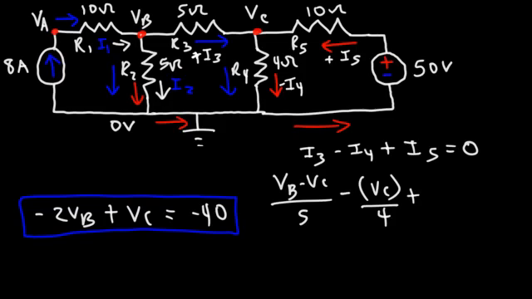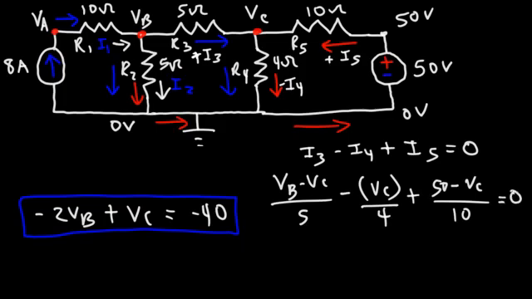I5, now if this is 0 volts, anywhere along this line is going to be 0. Here, this has to be 50 volts. And the current flows from the 50 volt potential to a potential of VC. So 50V is higher than VC. So I5 is going to be 50 minus VC divided by R5, which is 10. And that is equal to 0.